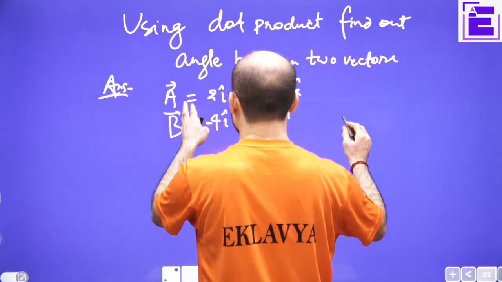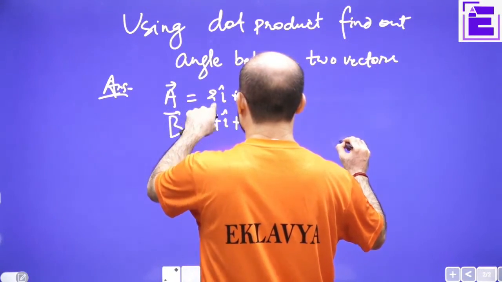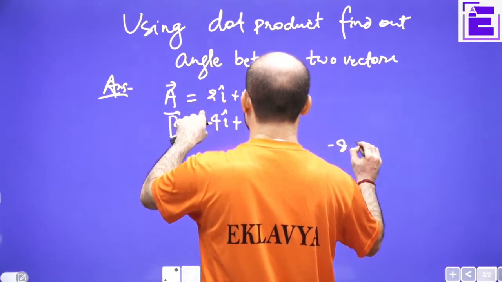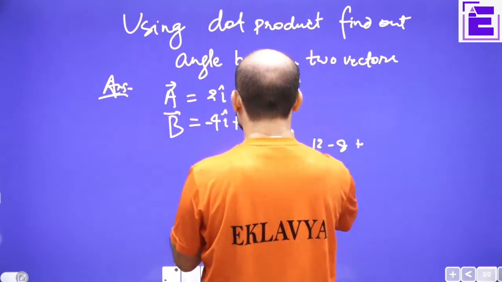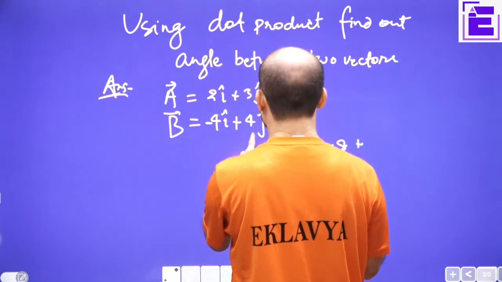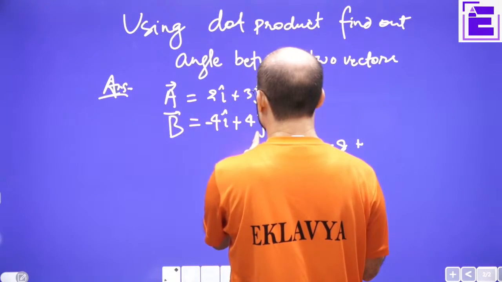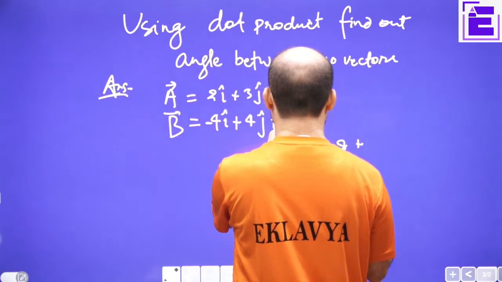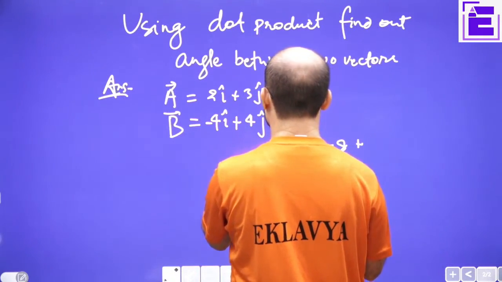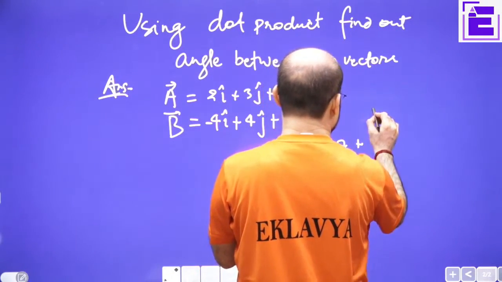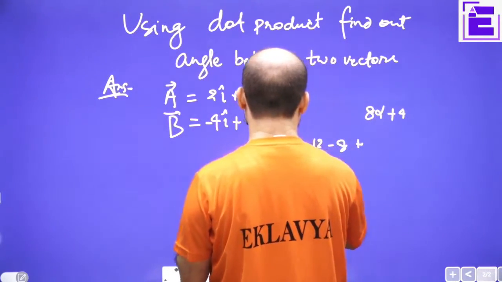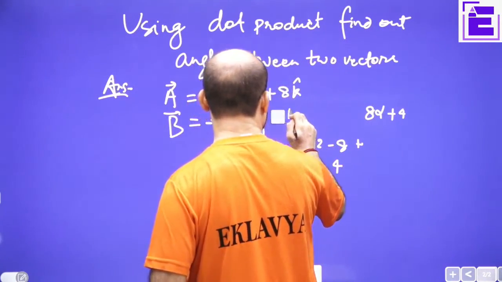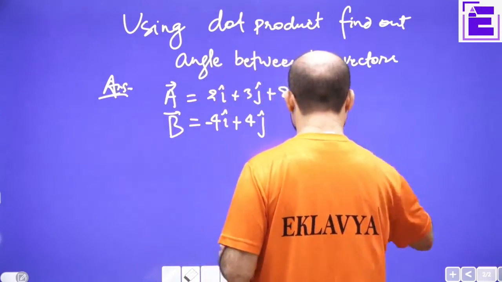Just have a look, this is minus 8 plus 12, so 12 minus this 4, and this 4 and 8, okay, 8 alpha plus 4, so alpha is minus half in this case. Okay, put it, alpha is minus half.